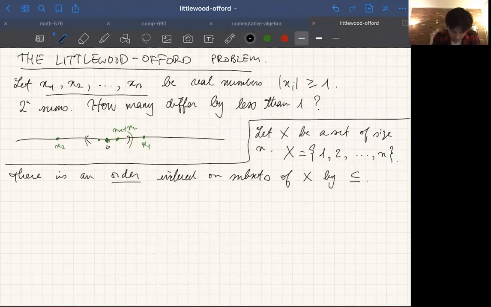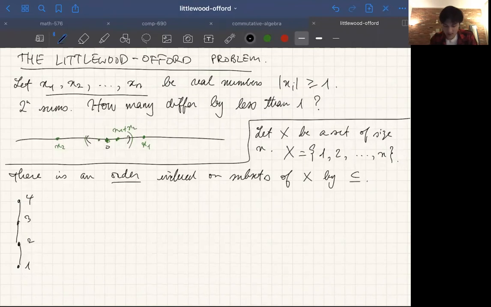What I mean by that: the most famous order is on the integers. We have 1, 2, 3, 4, and I'm drawing them like this to tell you that 3 is greater than 1 because it's above 1. 4 is greater than 1, 2 is greater than 1, that kind of thing. 4 is greater than 3, stuff like that.